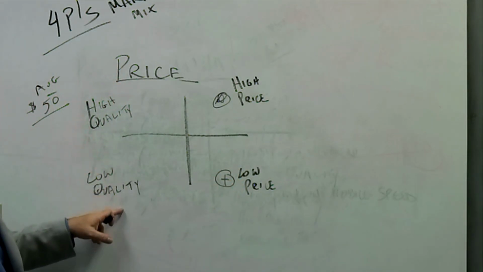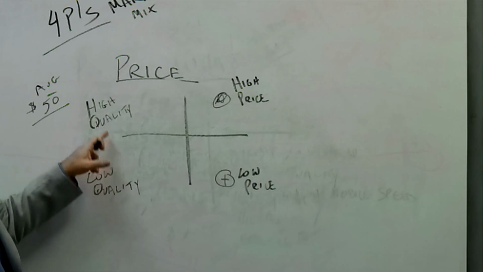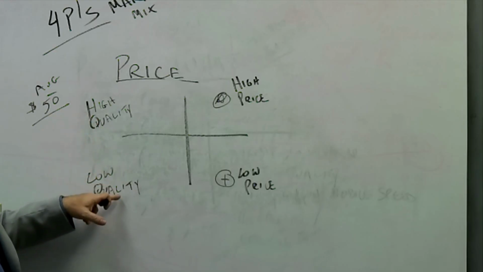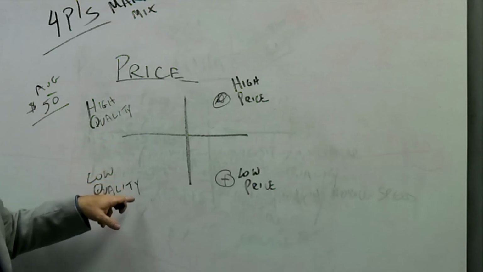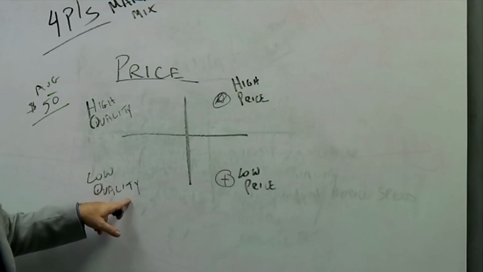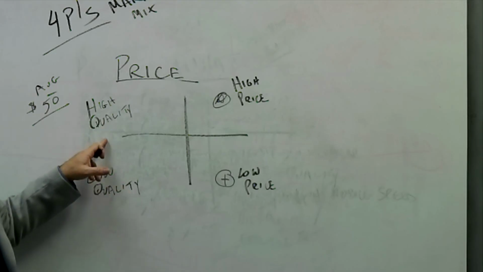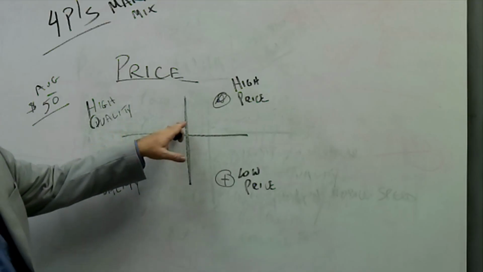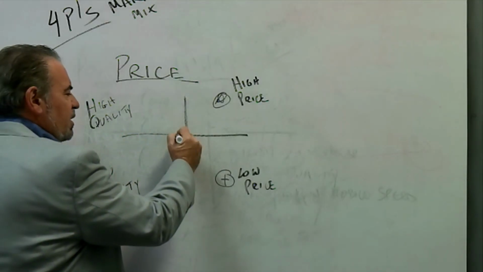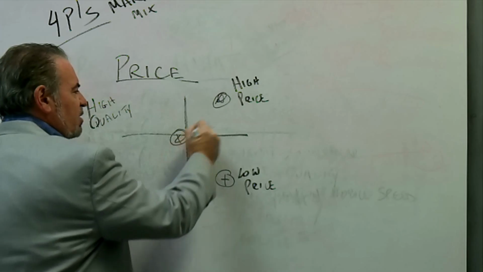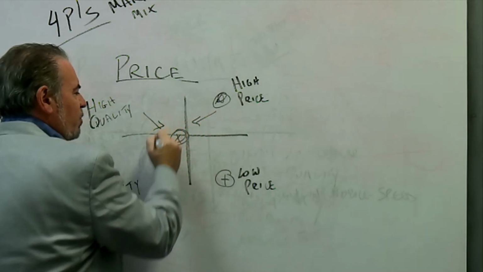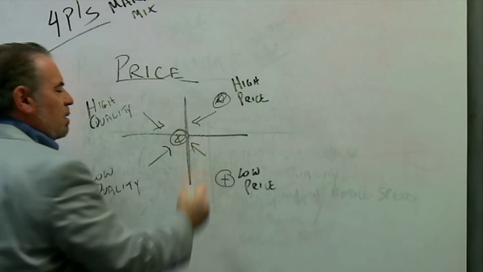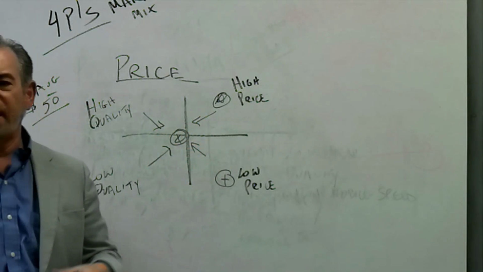Or somehow you could have a low quality with a high price. Yeah. You could do that also. Or you could have a high quality with a low price. So you have different quadrants that you could be in. What you don't want to be is in the middle, right? Because if you're in the middle, then you have to worry about all these 4 quadrants coming at you.